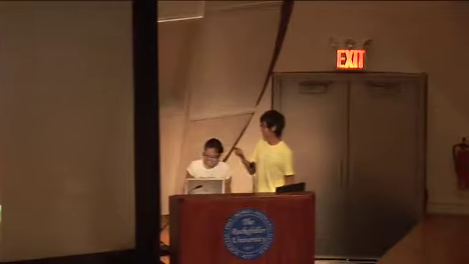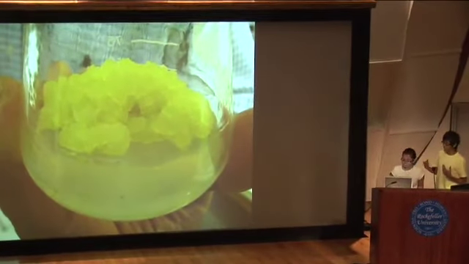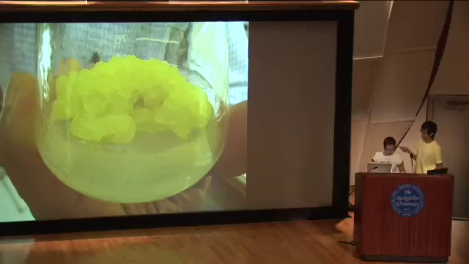Those are the cells over there. It doesn't look like it, but as Dr. Manocha put it, we confused them by using a mixture of hormones.